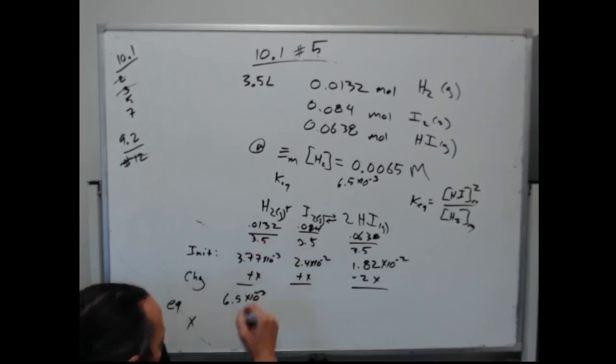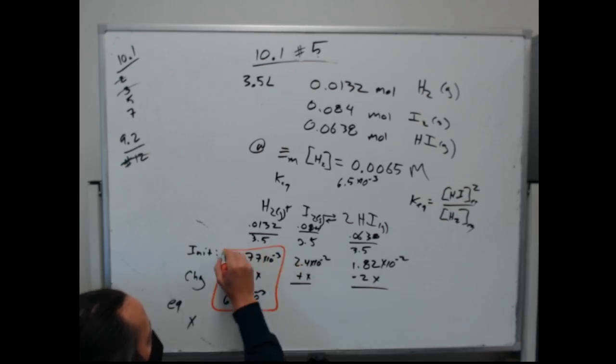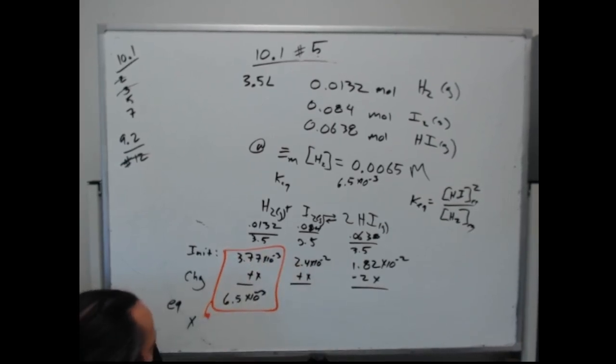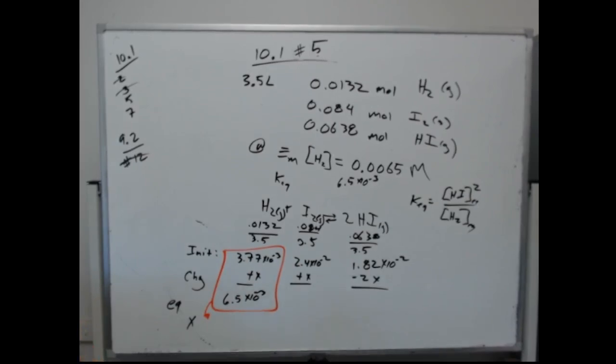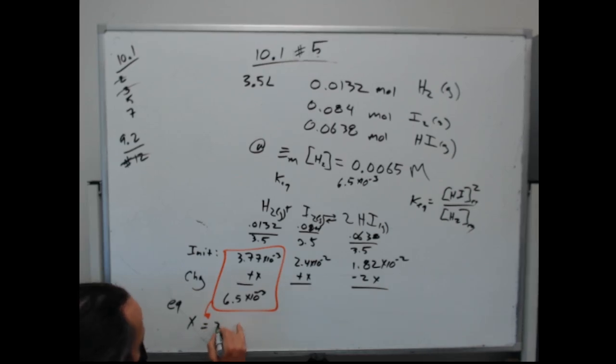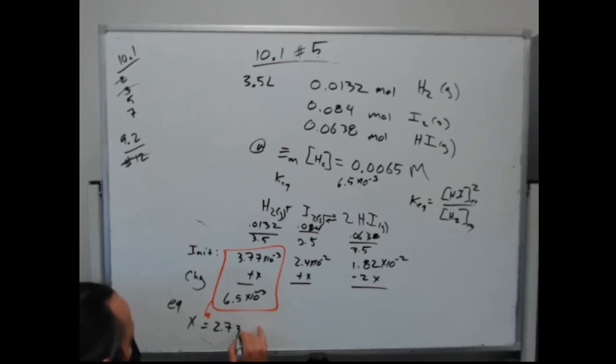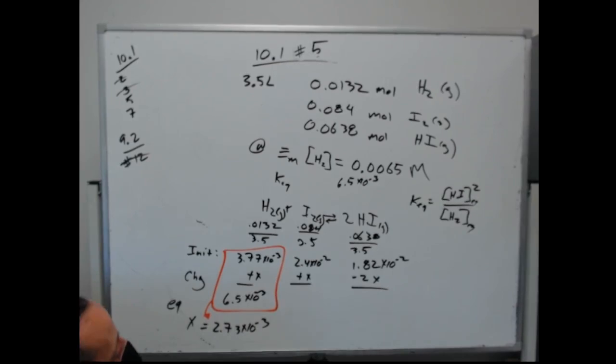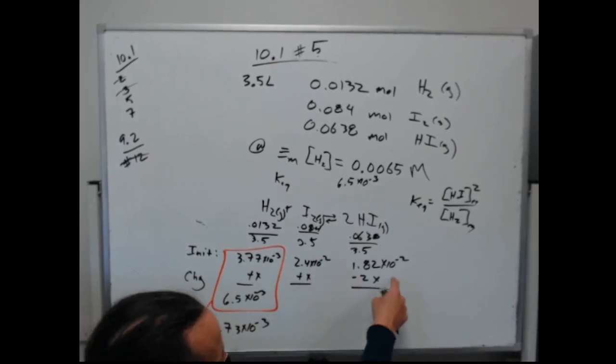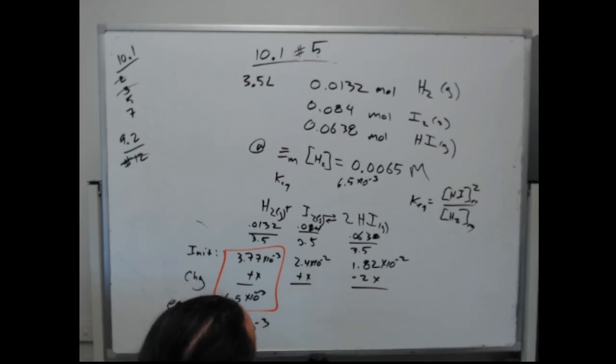So 6.5 times 10 to the minus 3 minus 3.77 times 10 to the minus 3 is 2.73 times 10 to the minus 3. And then I can use that x to calculate these two things.